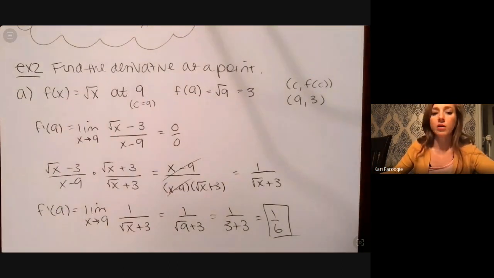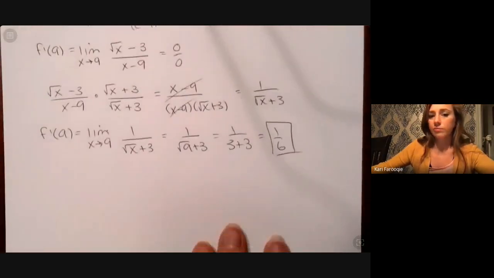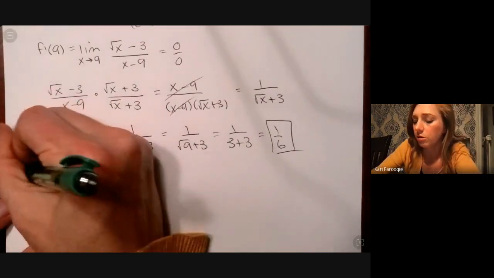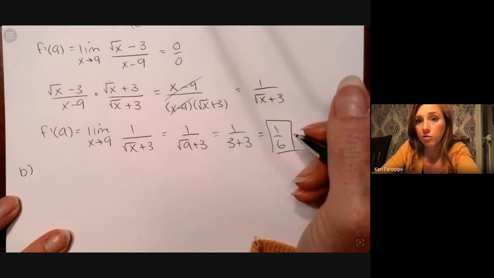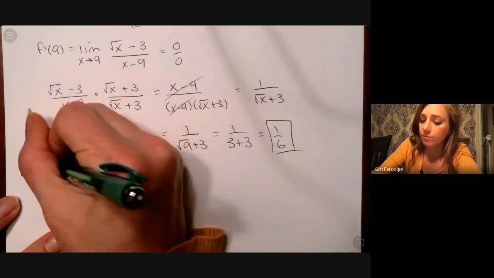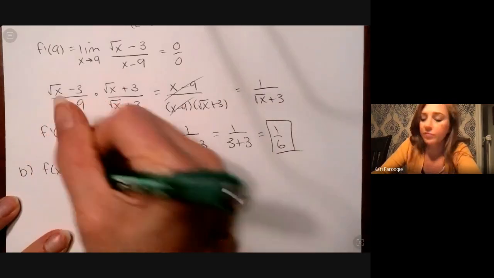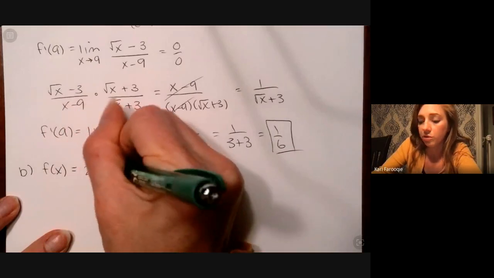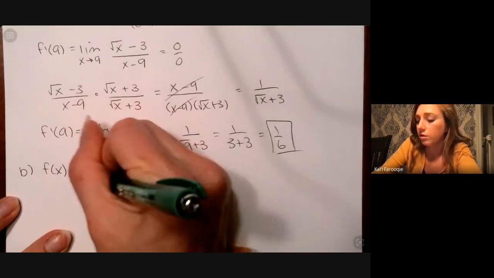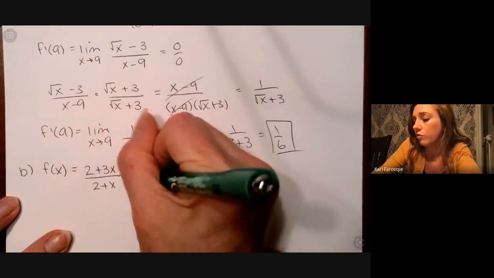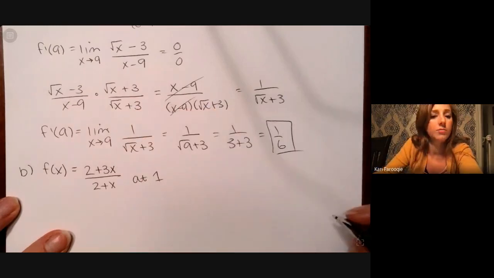Okay. Let's do one more of these using a rational function, and then we'll talk about maybe in 2.2 finding more general derivatives. So this will be f of x equals 2 plus 3x divided by 2 plus x, and we're going to find the derivative at 1.